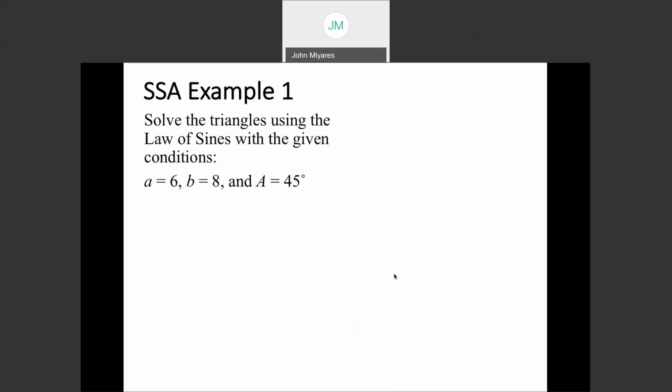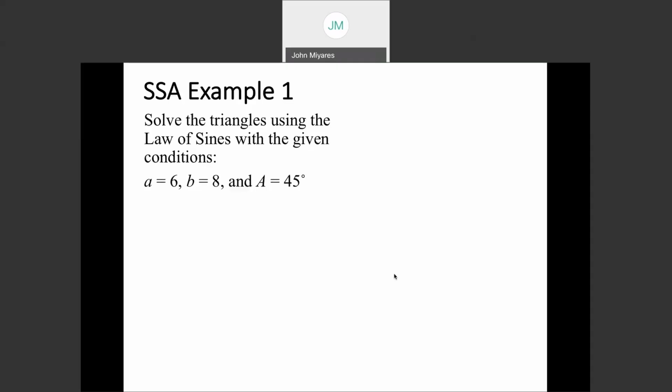Let's see if we can make sense of this dilemma by exploring this example presented on the previous slide. We're asked to solve the triangles using the law of sines given that side A has length 6, side B has length 8, and angle A measures 45 degrees.